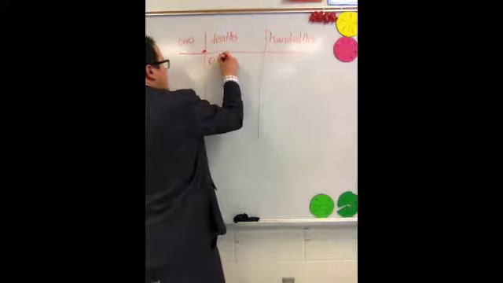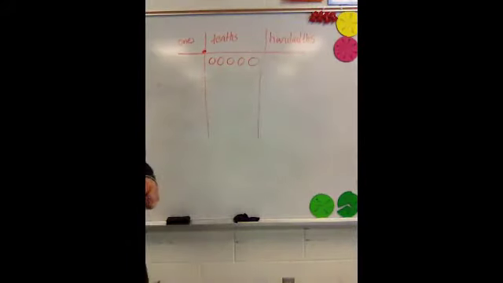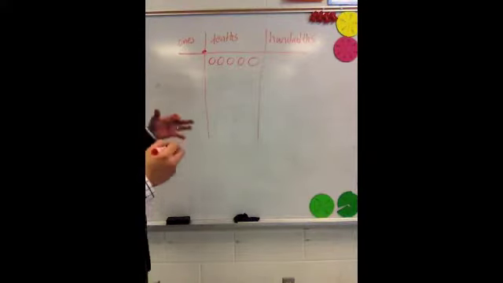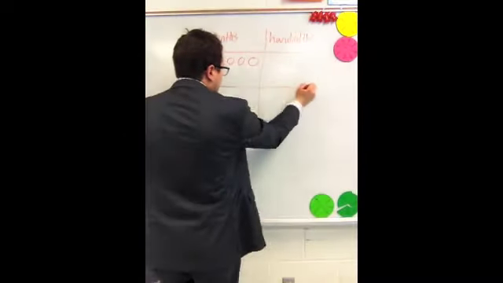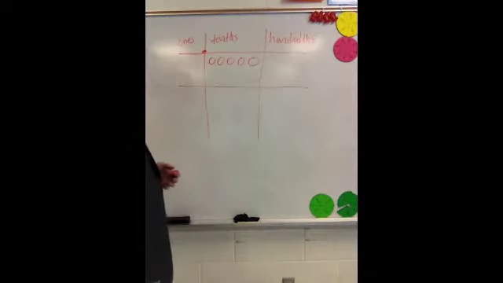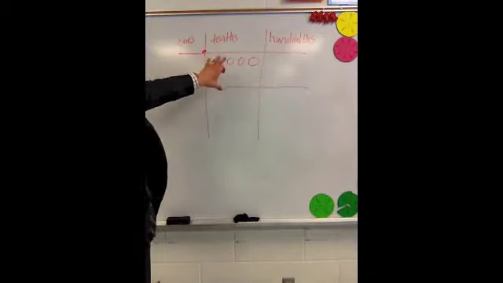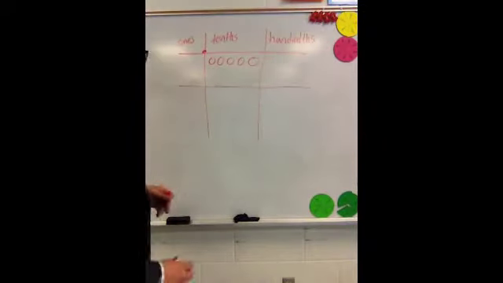So we draw 1, 2, 3, 4, 5 of the tenths. Okay? And I'm asking you to put it in 2 groups. One of the things that I've showed you guys is to put it in 2 groups, we just draw a line here. If it's 3 groups, you would have 3 lines here, and so on and so forth. But we're just going to take this 5 tenths and start sharing it.